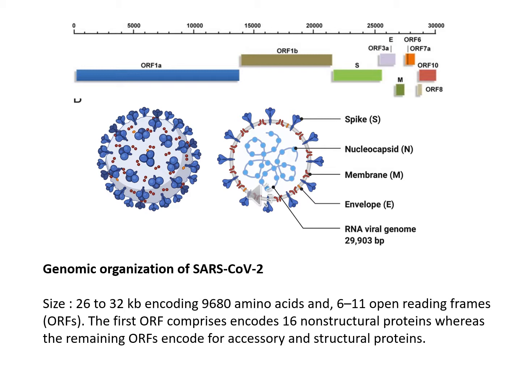For example, look at the genome organization of SARS-CoV virus. This group has genomes of 26 to 32 kilobases that encode for more or less 9,600 amino acids. Altogether, there are 6 to 12 protein coding frames.